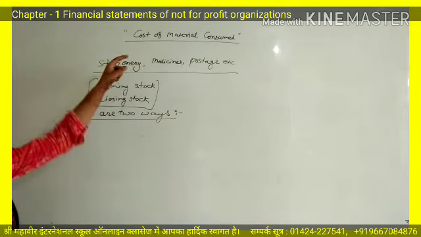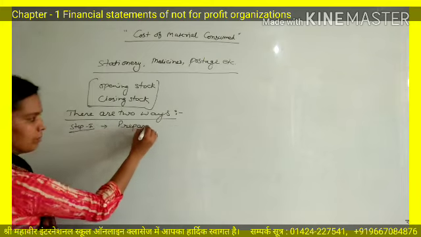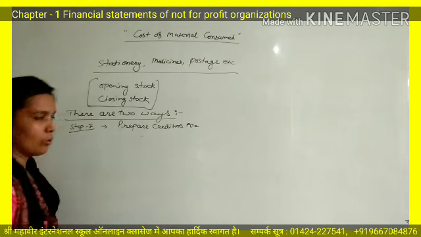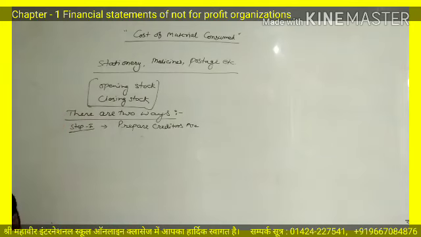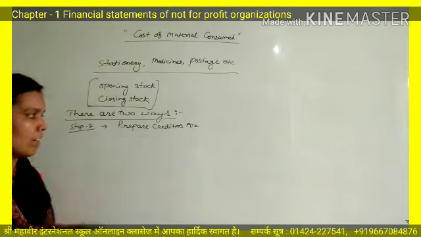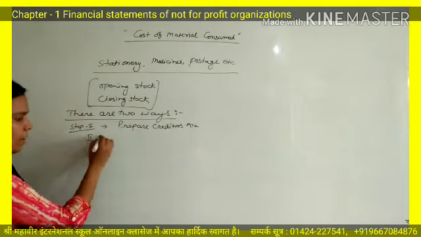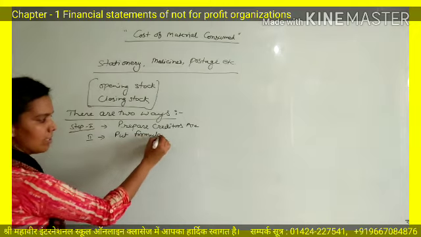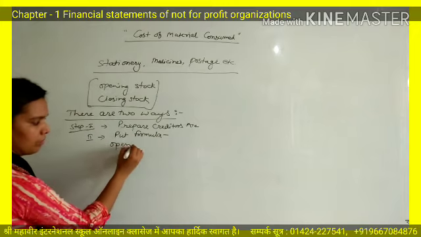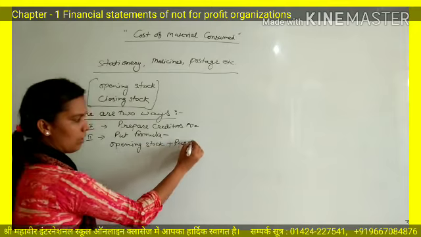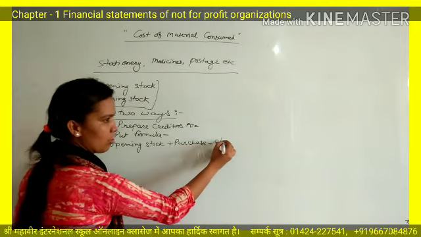The first step will be to prepare the creditors account. As you know that you are purchasing your material, so obviously there will be creditors. So first of all you have to prepare the creditors account, and then second step you will put a formula, and that formula is opening stock plus purchase minus closing stock.